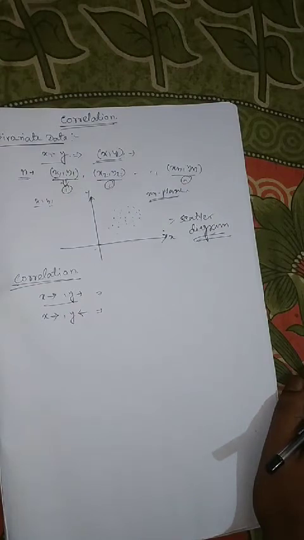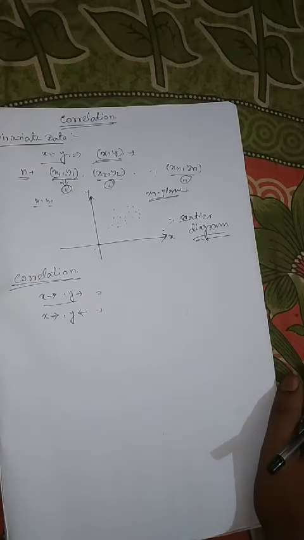Also, if the changes in x and y are linear, that is, whenever x increases by 3 units, y increases by only 3 units, then this type of change is linear. So we call this type of correlation linearly correlated. And there is also non-linear correlation.